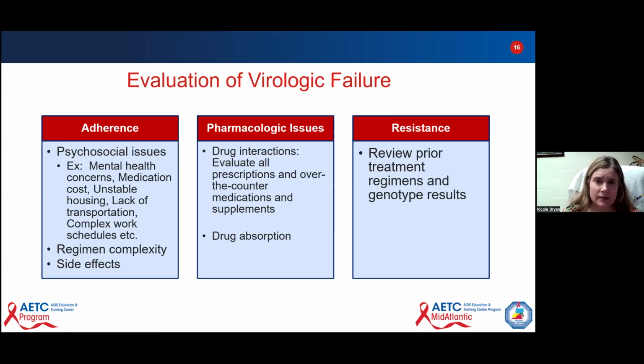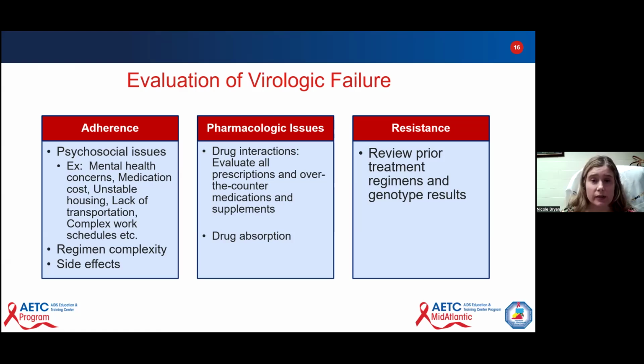The other thing is that some minerals, those cations like calcium, magnesium, and iron, can affect the absorption of certain medications. So that's another area to look at. Are they absorbing it correctly? Are they taking it with food? Some of them require that you take it with a large meal, at least a 500-calorie meal, in order to be adequately absorbed. So those are considerations as well.